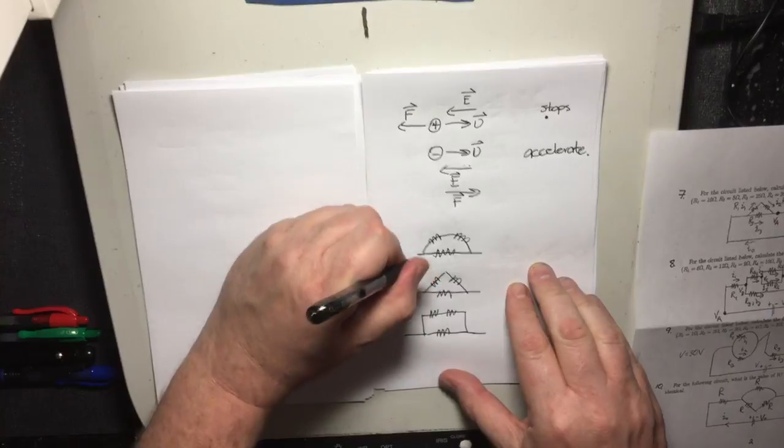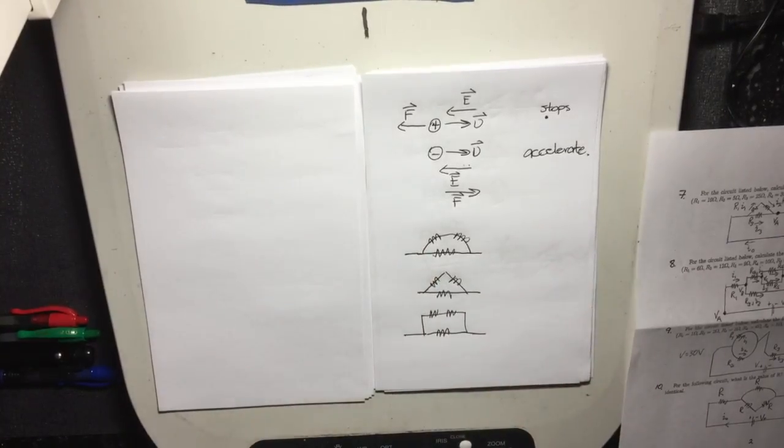What's the difference between the 3 circuits? Answer, nothing. The shape has nothing to do with it. The relationship of the resistors with each other does.